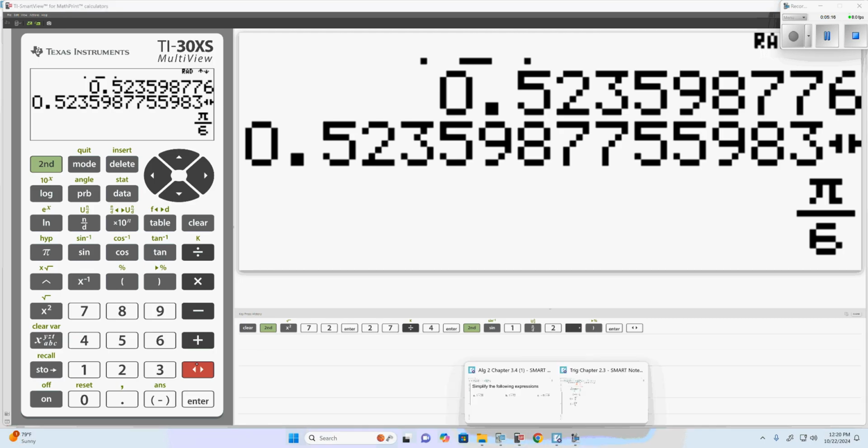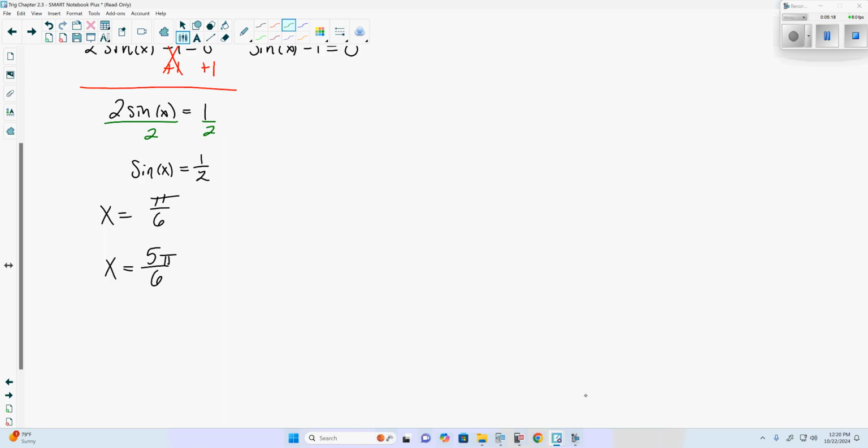The nice thing about the unit circle is we don't have to use reference angles and know that the other value for sine that's 1/2 is in the second quadrant. Use the reference angle of pi over 6 and go from there. But these here are two of our solutions.